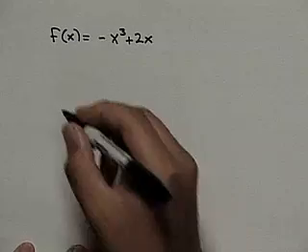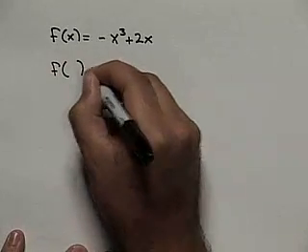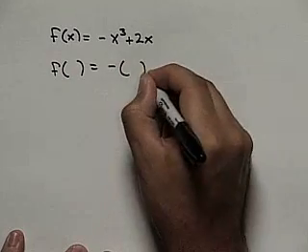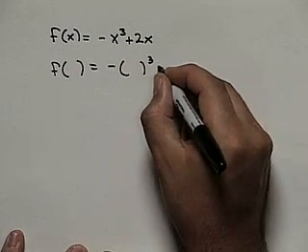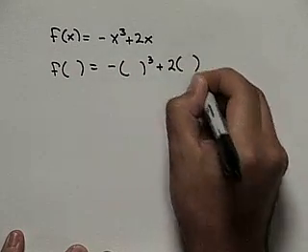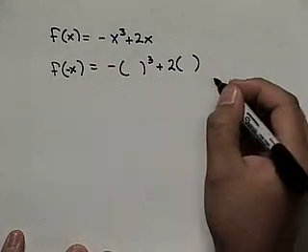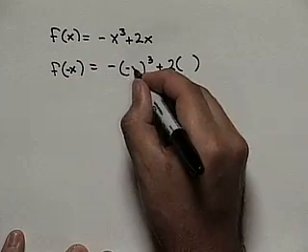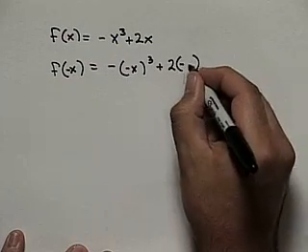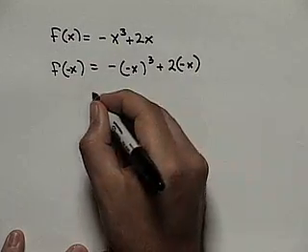So rewriting our function, f of an input, and we'll leave parentheses as placeholders. And now inputting in a negative x to see what happens, f of negative x is equal to negative, and then negative x cubed plus 2 times negative x.